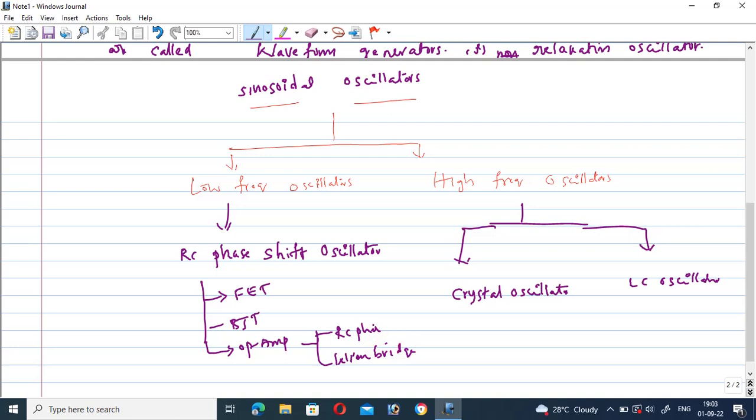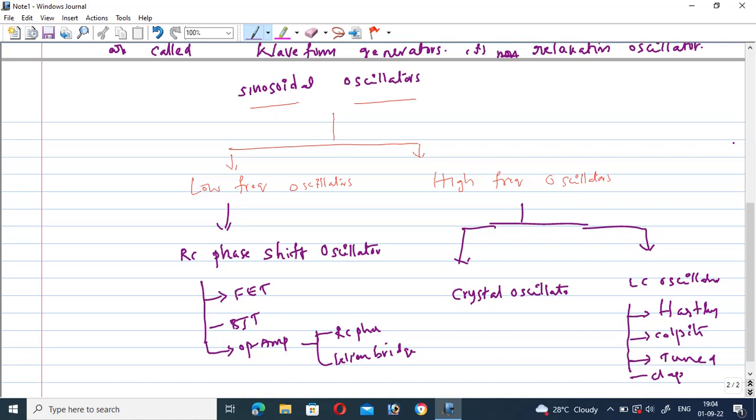In the case of the crystal oscillator, there is no more classification, but the LC oscillator has some classification: the Hartley oscillator, the Colpitts oscillator, the Clapp oscillator, and tuned oscillators. These are the classifications of the oscillator.